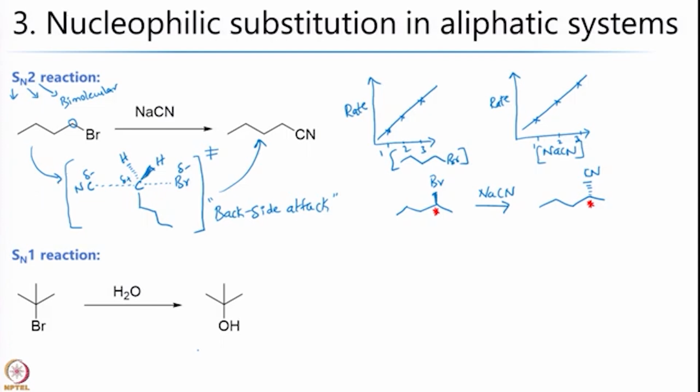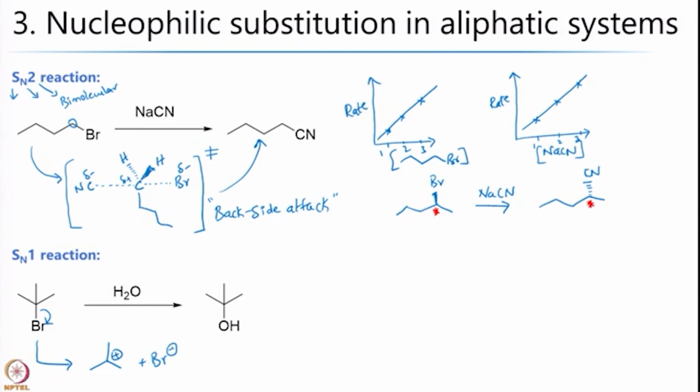Here the mechanism is slightly different, and it is as follows. The first step which takes place is that the bromide leaves and you get a planar carbocation plus Br minus, right.